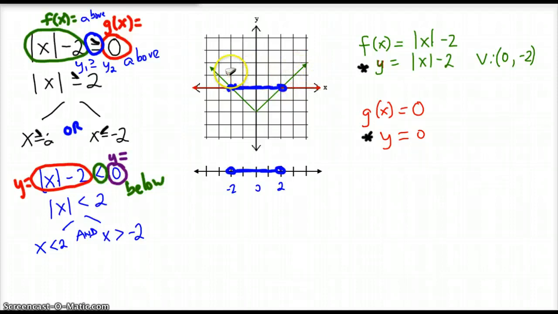In this case, the above region corresponded with the x's going out, and the below region corresponded with the x's in between the two intersection points, which gives us the same results as if we did it by a one-dimensional method. All right, awesome.